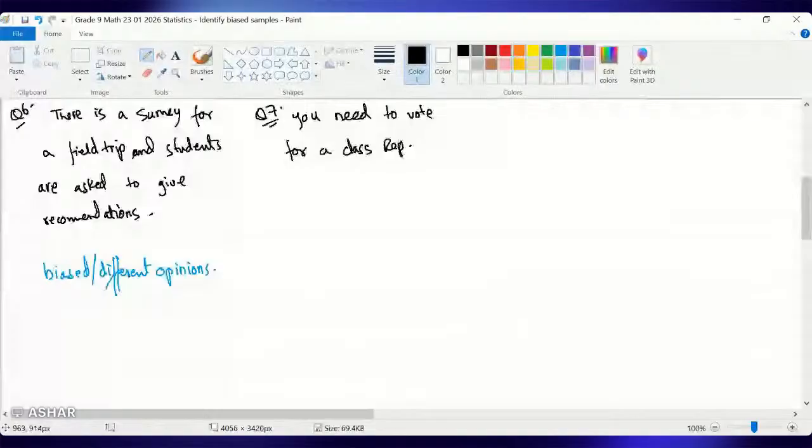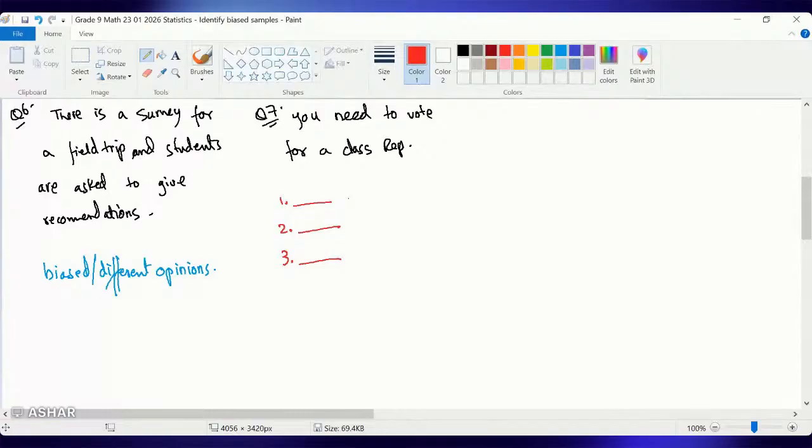You are given a vote for the class. So once you have a choice, right? That means we have option number 1, we have option number 2. Not everyone will pick it. If every student has a choice to select, they have their own preference, right?